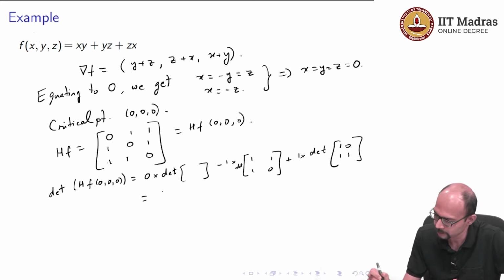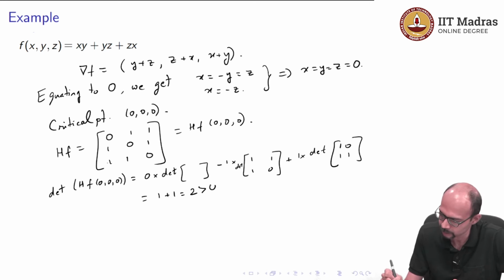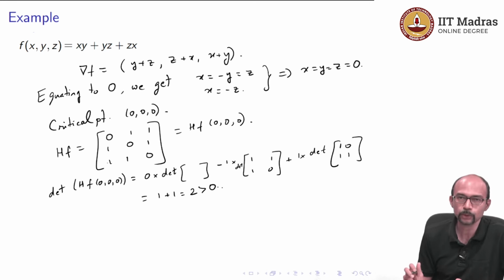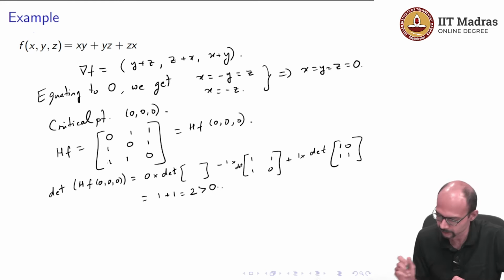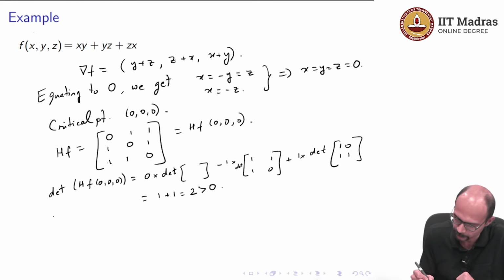So, if we compute this, this is 1 plus 1, which is 2. So, this is positive. Okay, so at least it is non-zero. So, we are in business. This test is going to be conclusive.